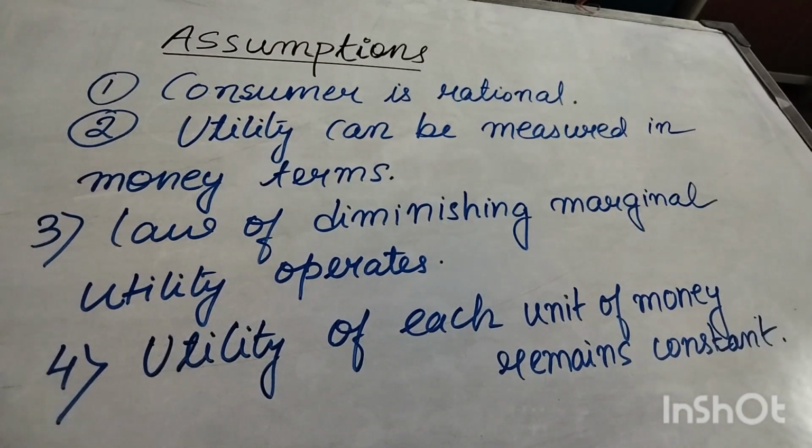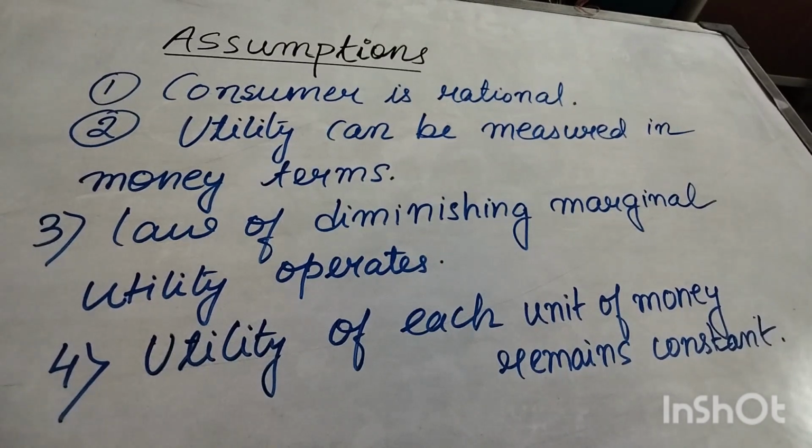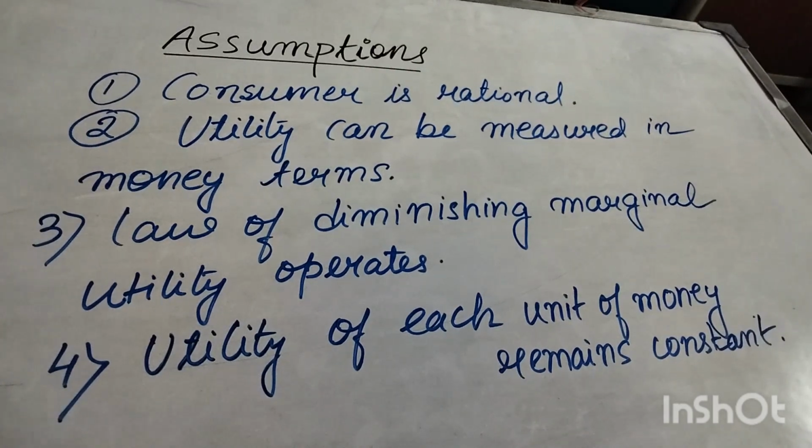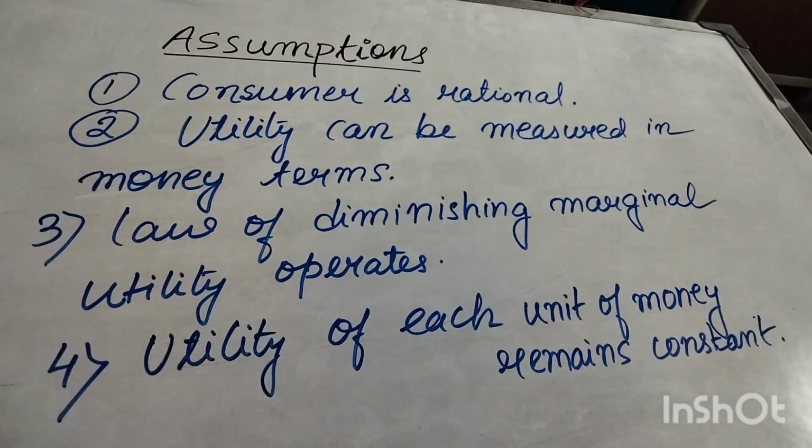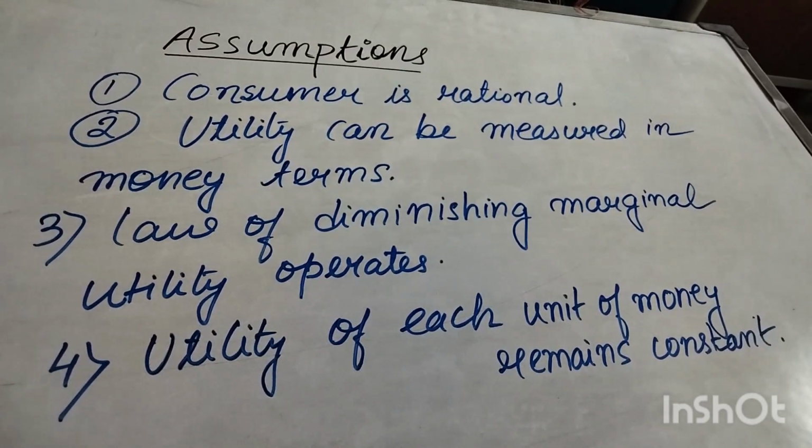That means the utility of one unit of a commodity will be equal to the price which the consumer wants to pay for it. Next, number 3, the law of diminishing marginal utility operates. So the third assumption is that the law of diminishing marginal utility will operate in this case.